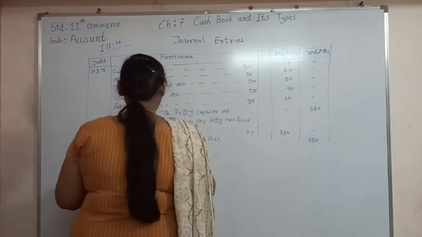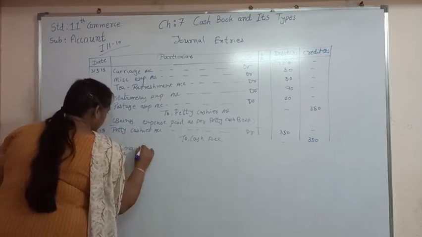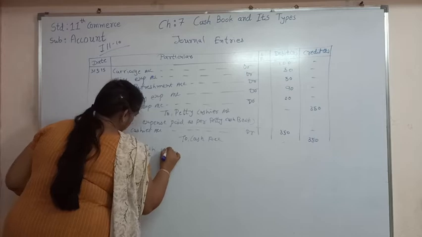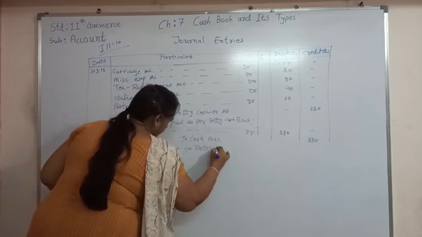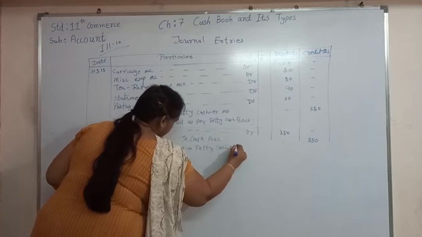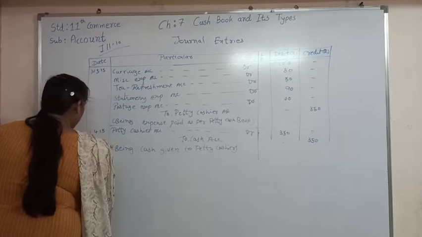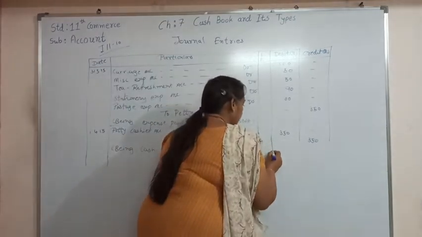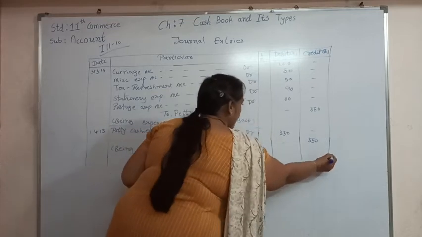Being cash given to petty cashier. So this is how we are supposed to pass the journal entry in the books of the chief cashier.